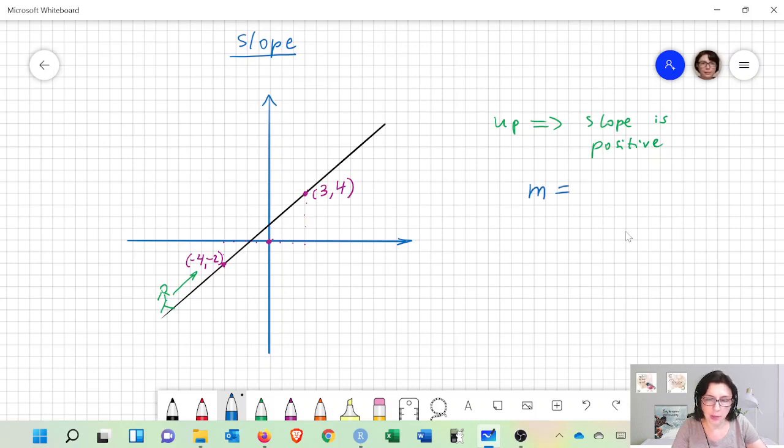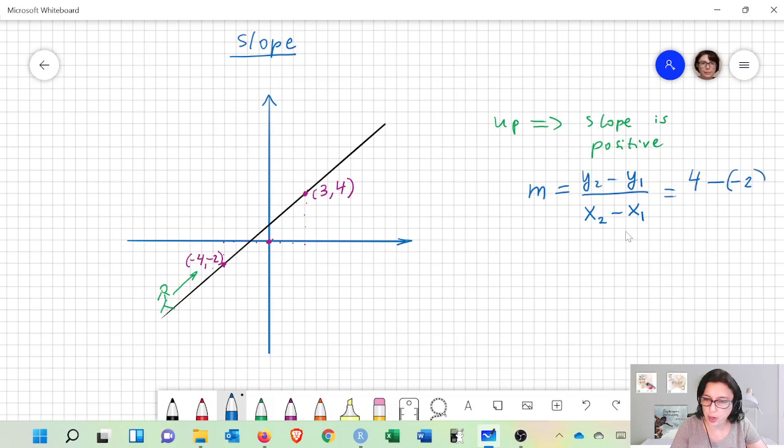So we're going to see the formula for the slope, which you actually will not necessarily need to memorize: y2 minus y1 divided by x2 minus x1. We're taking the y coordinates of each point and subtracting them. So we have 4, the y coordinate of the second point, minus the y coordinate of the first point, which is -2.